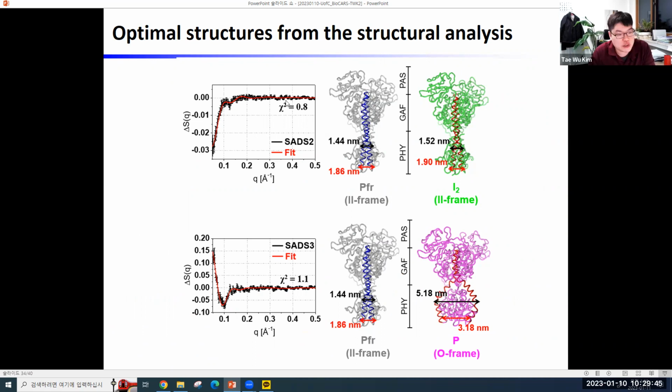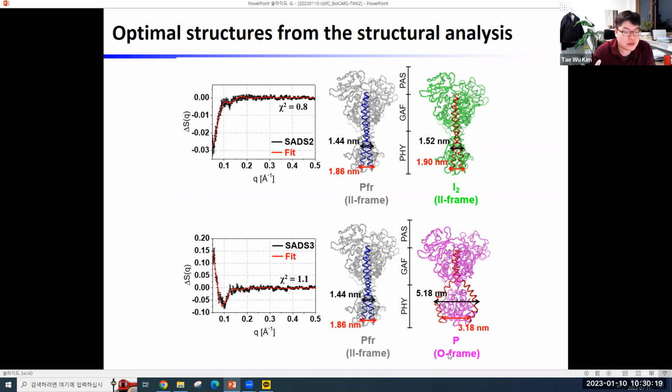As you can see in this picture, the I2, the second species, has a very parallel aligned helical backbone, very similar to the structure of the PFR state, which is our starting point. On the other hand, the P state undergoes a huge conformational change. The helical backbone is very stretched, so it shows a very O-frame structure.